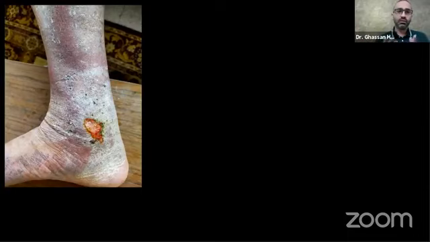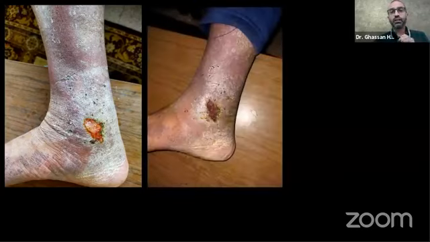This causes poor venous return to the heart, and that causes venous ulcer. I decided to treat this patient with low-level laser therapy. After just one visit in 3 days, it looks like this.